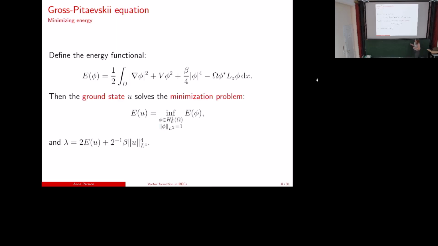And then you can achieve the ground state by solving the minimization problem. So you want to find a state that gives the minimal energy. So you have your H^1_0 space, and you also constrain it because you need to conserve the mass. And once you have your ground state, you can retrieve the corresponding eigenvalue by using this relation.